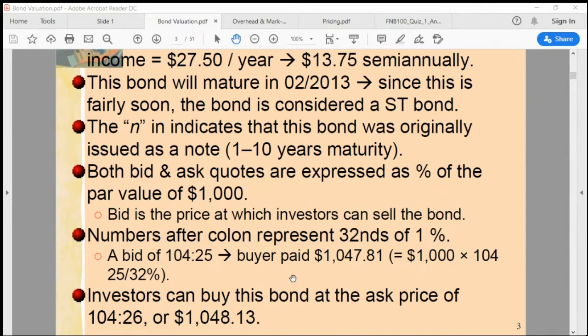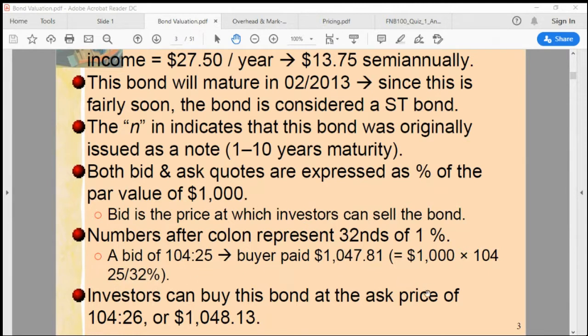To convert it into a dollar price, I'm going to multiply by 1,000. 1.04, 104% is 1.04, plus 25 over 32 times 0.01.